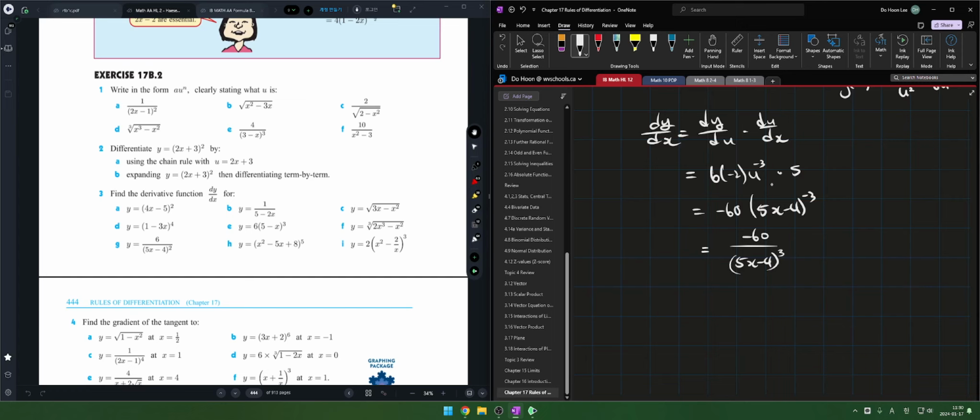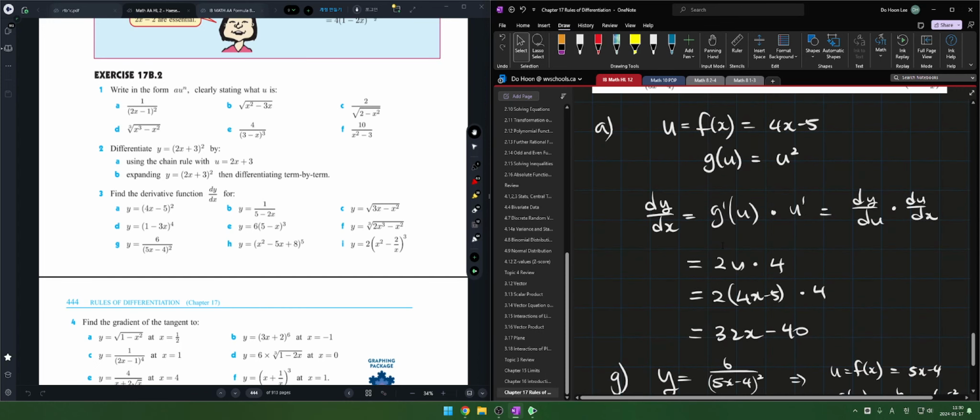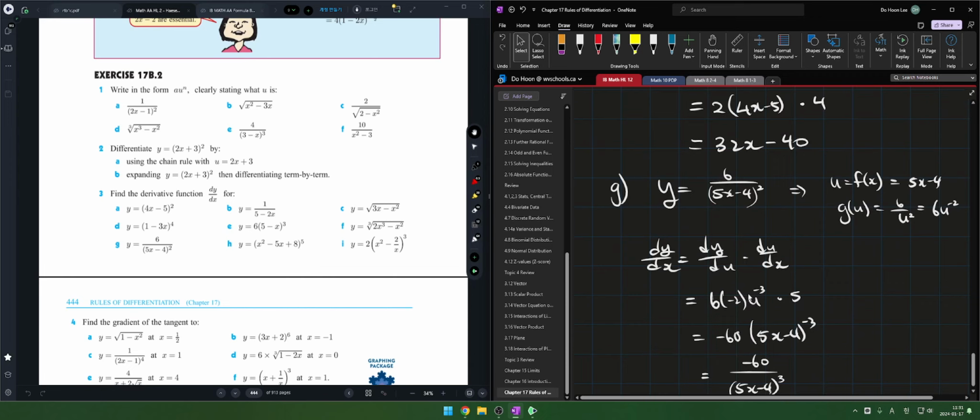Previous example for a second. Fancy thing.